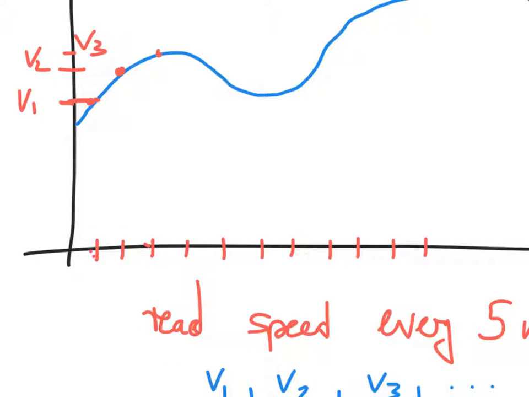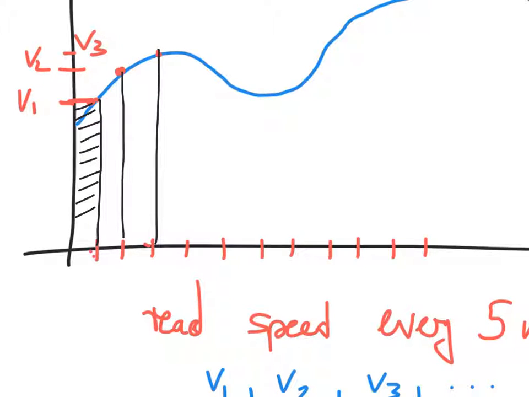So what we're doing here is the following. We take these measurements and then we compute the area of those little columns here. Because what is the area of this rectangle? Well, it is 5 minutes, which is 1/12 of an hour, that's the length of this side, times v1, which is the length of this side.